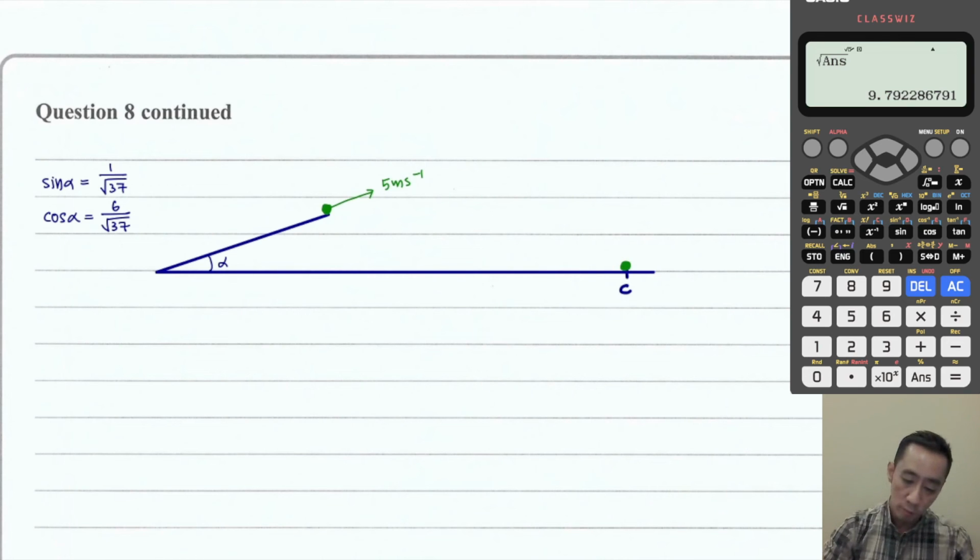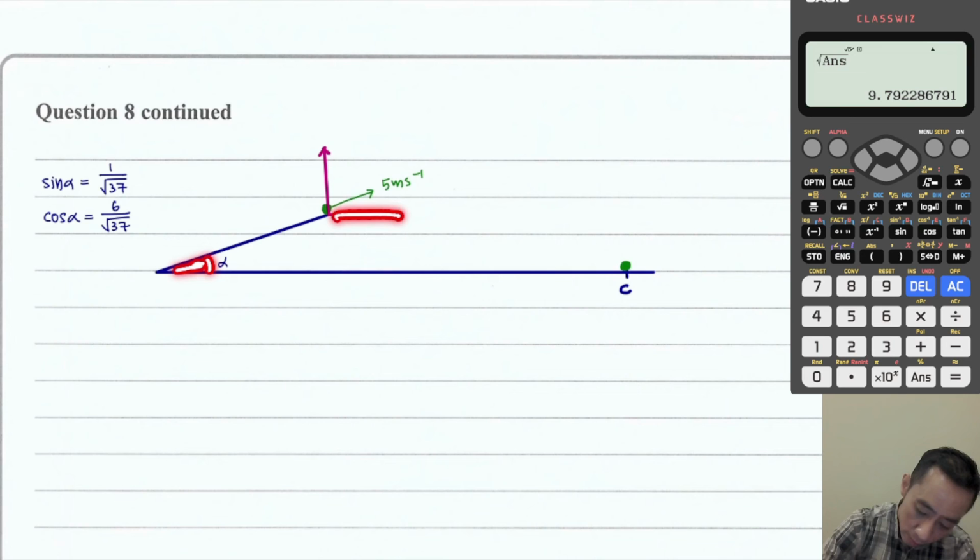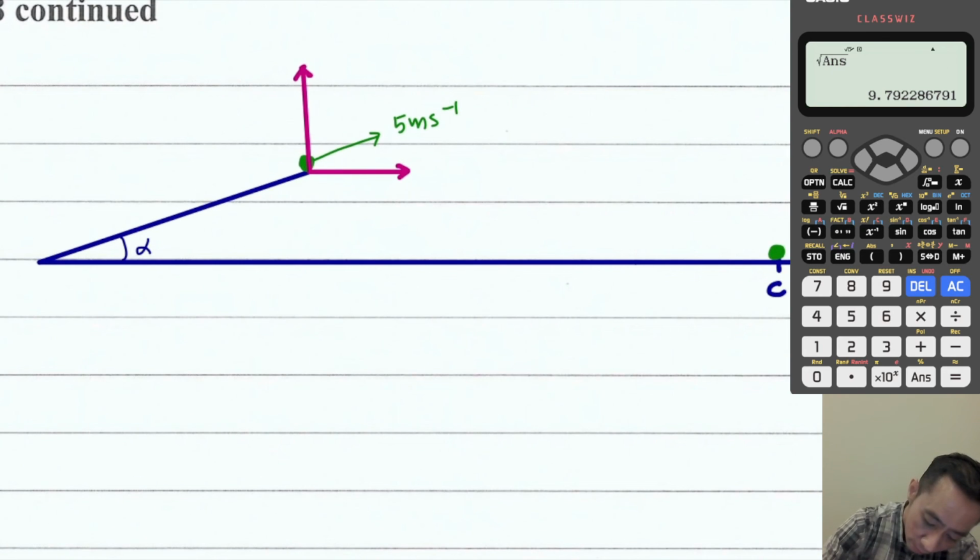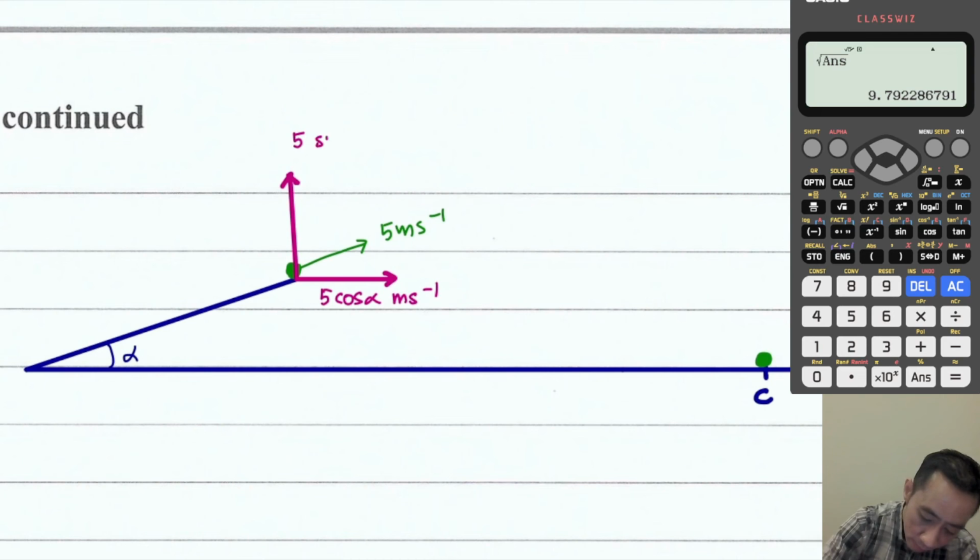Right, so now what we have to do here is resolve this into 2 directions, the vertical direction and the horizontal direction. For this one is alpha. This one and this one are parallel, so this is alpha too. The one beside the alpha is cosine, which means for this one is 5 cosine alpha ms^-1, and for the vertical it is 5 sine alpha ms^-1.